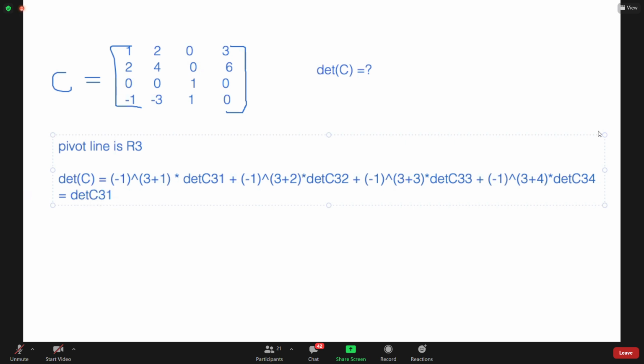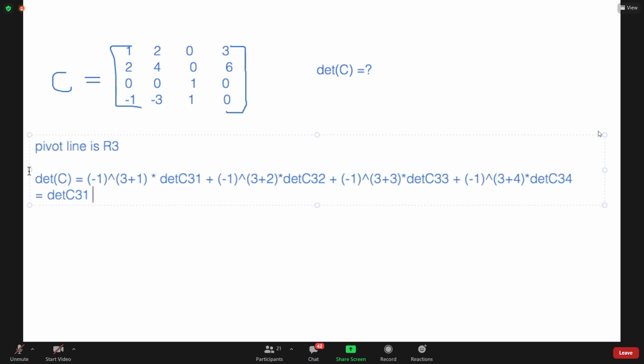Wait a second, I forgot something from the formula, I think. Yes, I apologize, guys. I'm going to go back on what I said earlier, and I'm sorry. Inside the determinant formula, so -1 to the power of the position multiplied by the determinant, we also have to multiply each of the element with the element on that position.